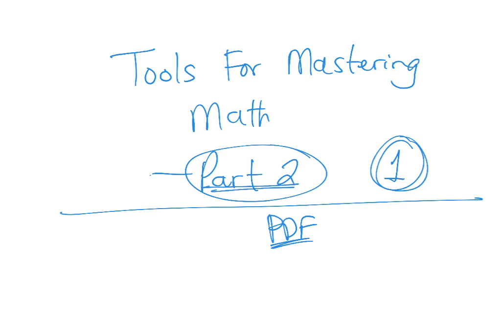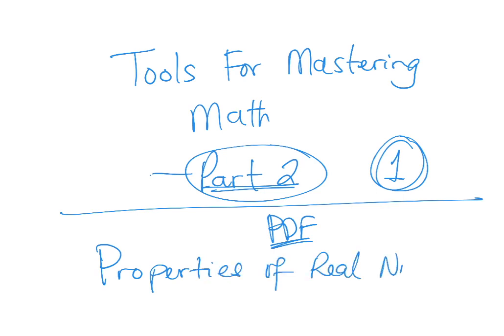The second part of the book focuses on concepts that we should remember as we proceed throughout our study of mathematics. For example, and this is why I bring this up, properties of real numbers. We talked about classification of real numbers, the fact that there are integers, rational numbers, irrational numbers.